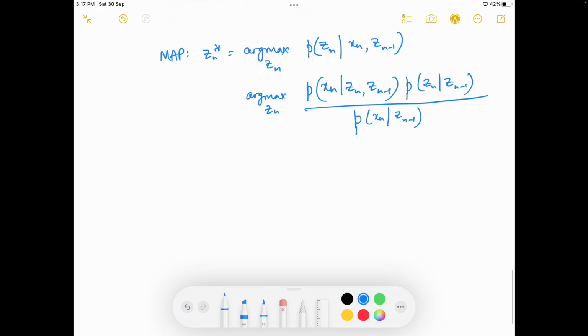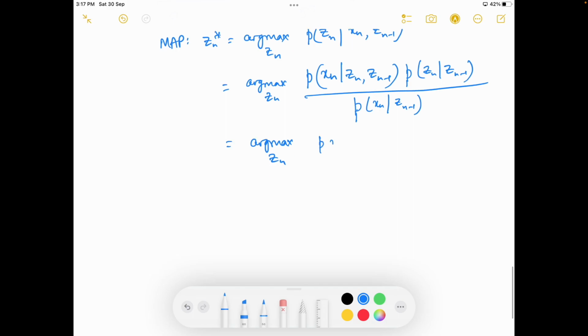How will you express these quantities in terms of what you know from HMM? Now simplify. What is P of xn given Zn, Zn minus 1? It is P of xn given Zn. And what is P of Zn given Zn minus 1? Zn given Zn minus 1 only.